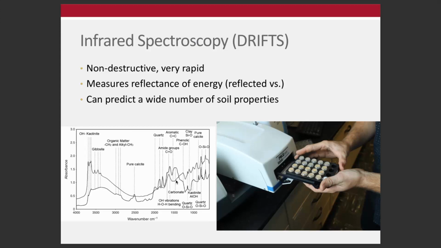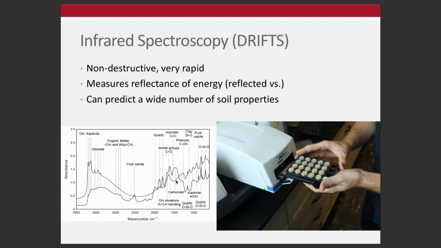The beauty of this technology and methodology is that with a lot of fancy statistical modeling, we're able, with a very high degree of accuracy, to predict a whole host of soil properties, things like total carbon, nitrogen, texture, active carbon, likely even soil protein.